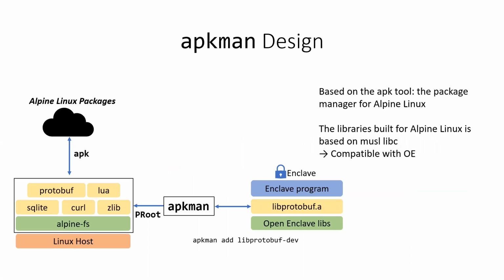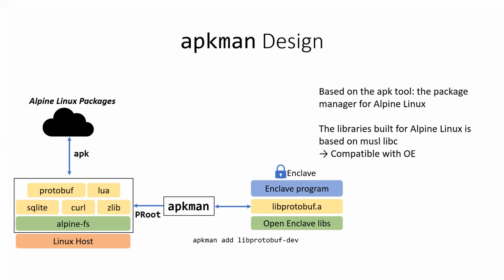So this is what APKman looks like. It's actually a rather simple, self-contained script that is based on the Alpine Linux package manager, APK. The key point in this design is that the libc in Open Enclave is also based on musl C, which the Alpine Linux distribution is also based on.